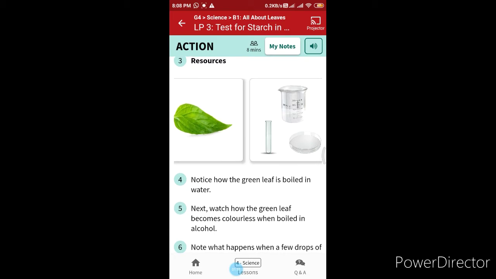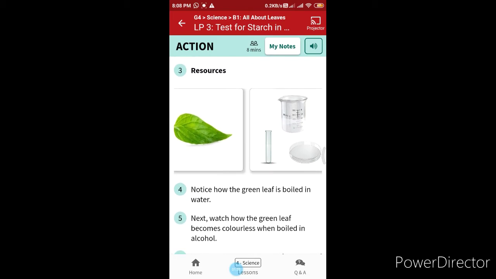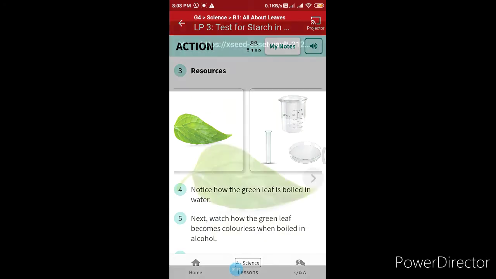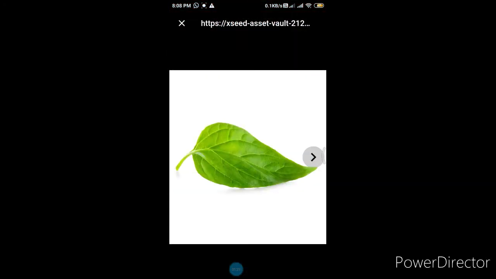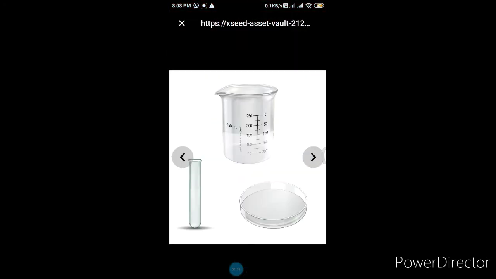The materials you need for this activity are a green leaf, a fresh green leaf that you select. The first picture shows a 250 ml beaker that you need. The next one is a test tube. This is called a test tube.